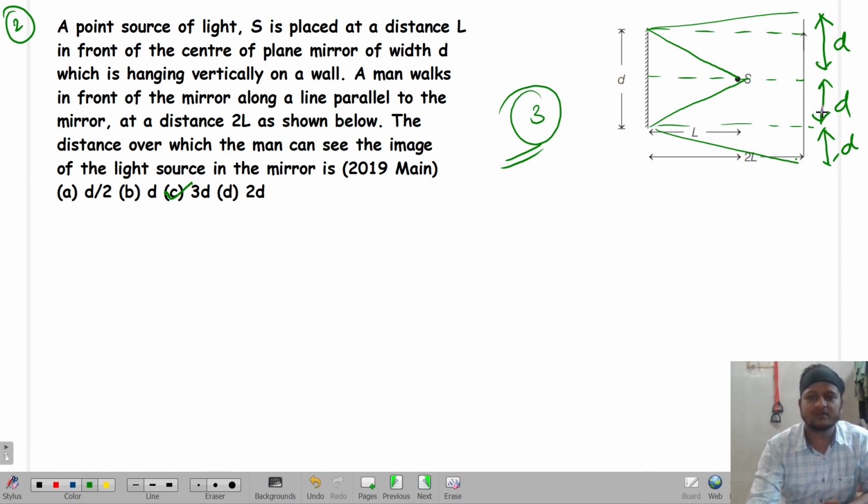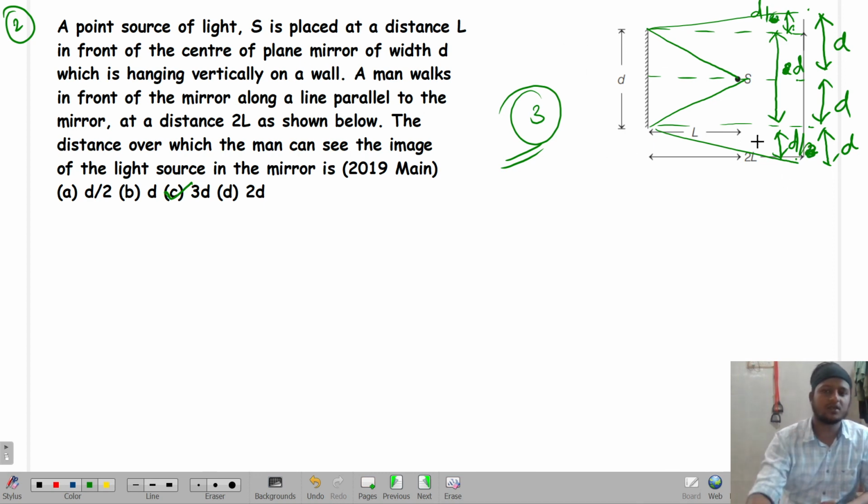This whole length was equal to D. So this was total 2D, this was D by 2 and this was D by 2. Yes or no, Gagan? It is D only because this is D. So this was D and this was also D, so it is going to be 3D as the answer. It is your work to do.